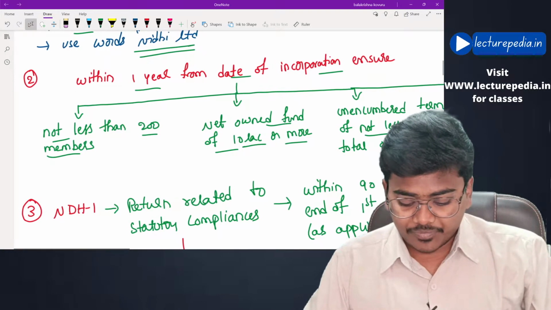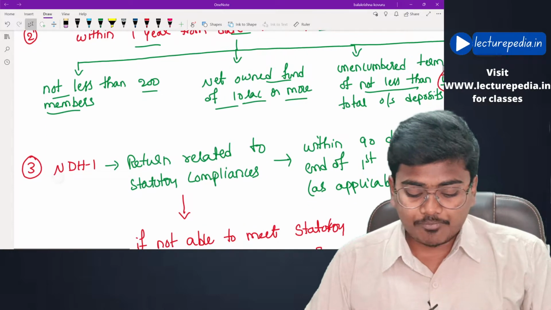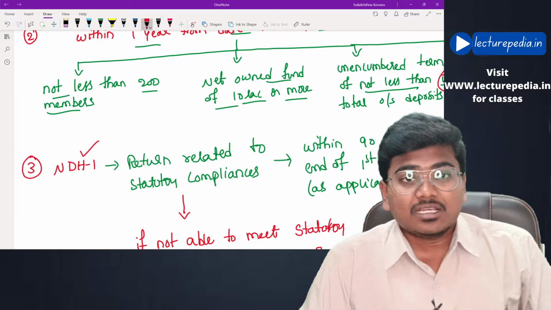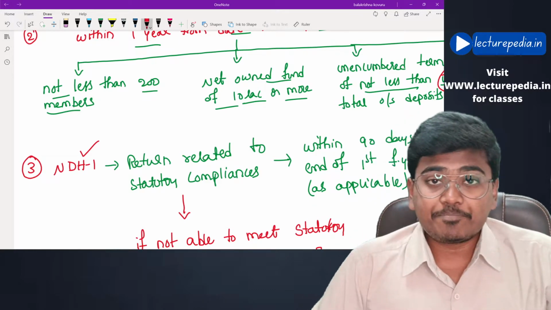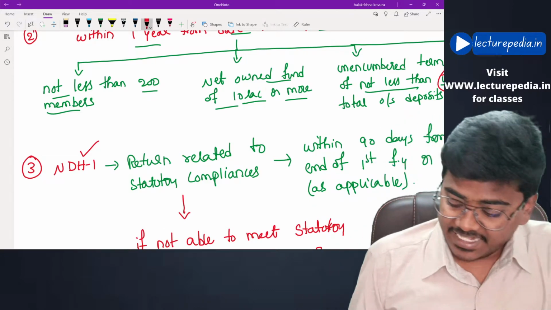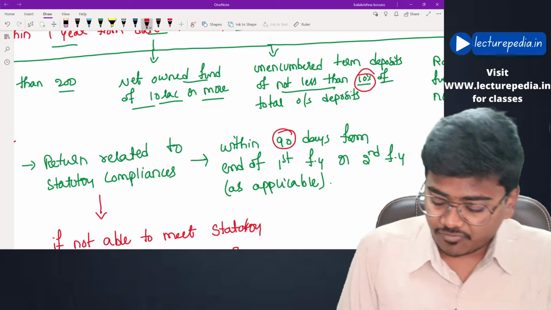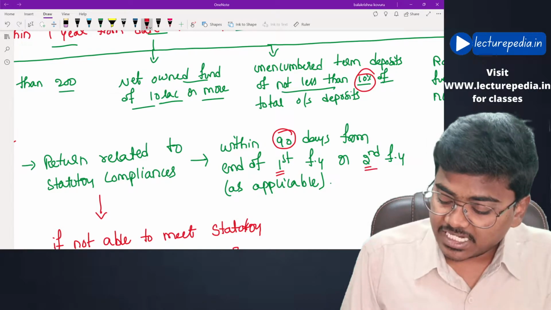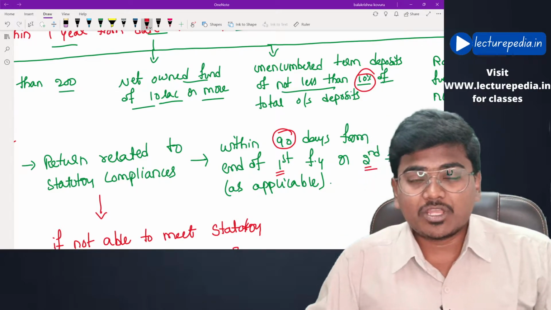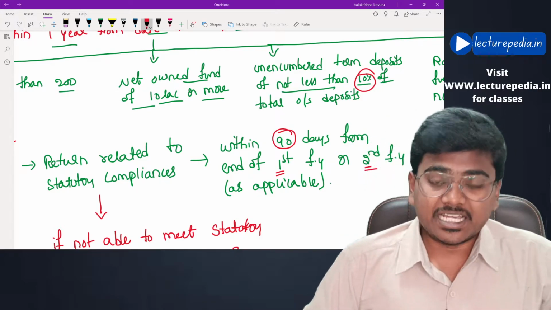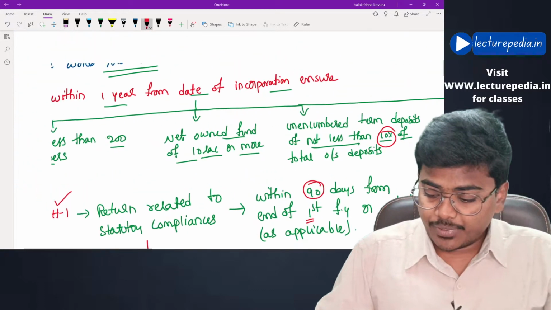And there is a particular return known as NDH1. This return has to be filed by the Nidhi company within 90 days from the end of its first financial year or second financial year, as applicable. What will be contained in this NDH1?